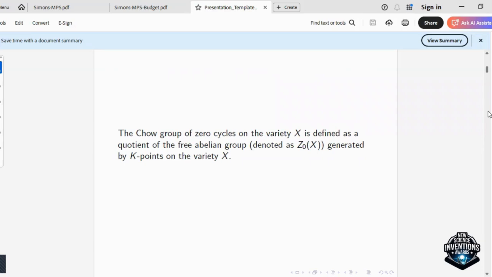First you take all linear combinations of these k-points, and then we take a quotient by something called rational equivalence.